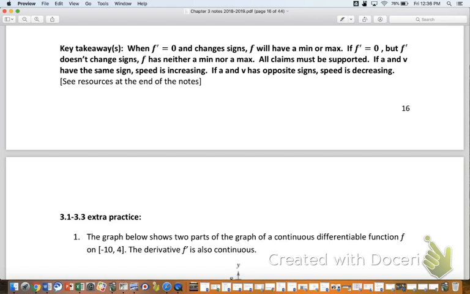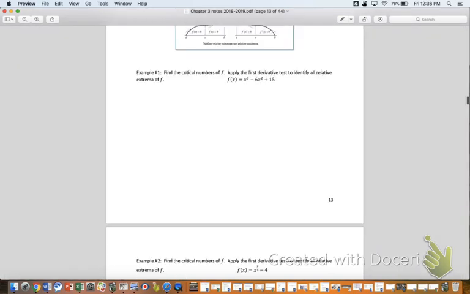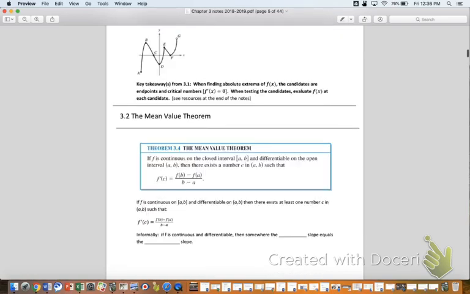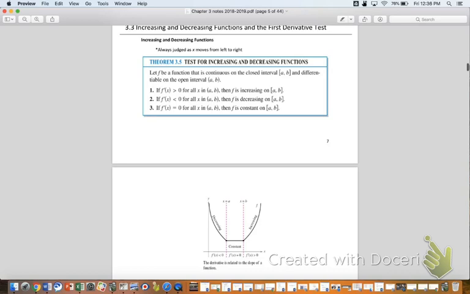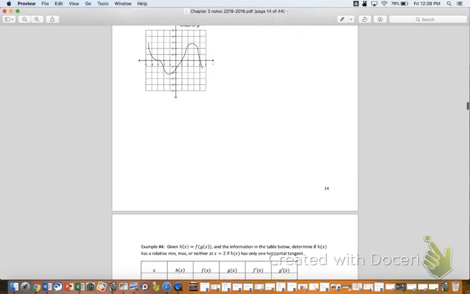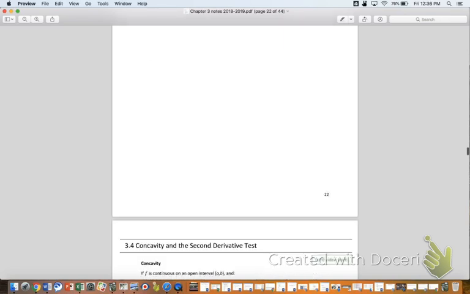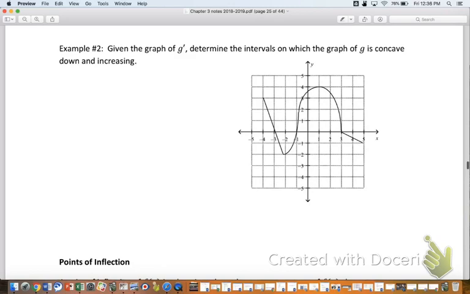If you have stuff like that drilled and memorized, like at the end of section 3.1, then you are going to be super efficient with questions like this one, because here is what I would suggest we think about.